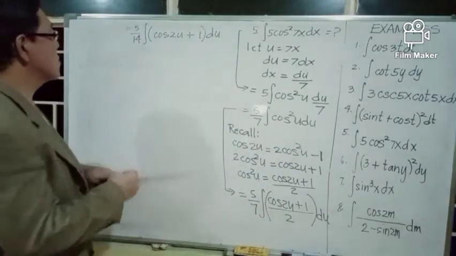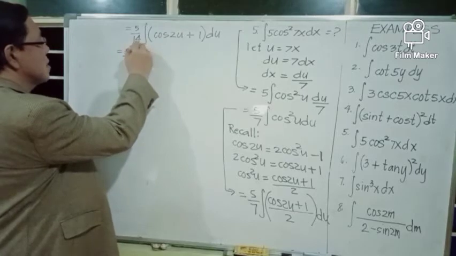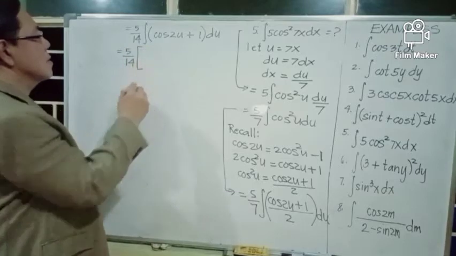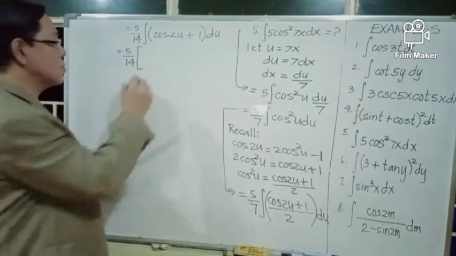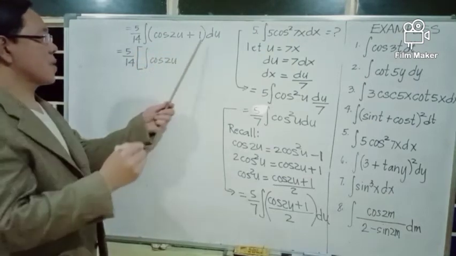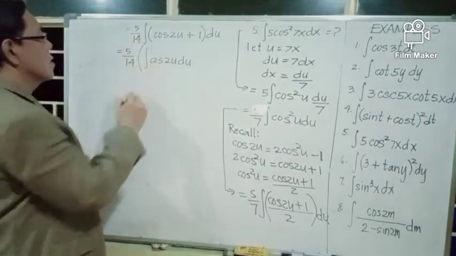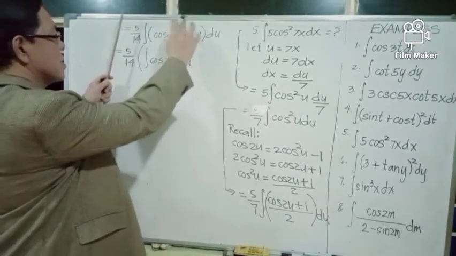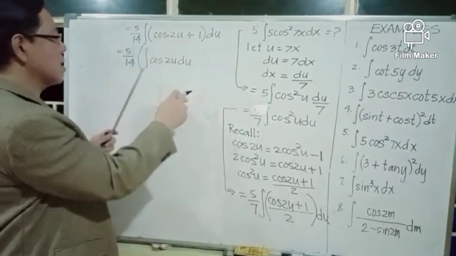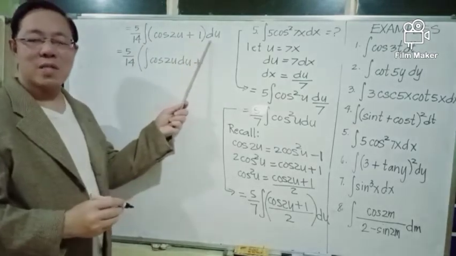Hence, this is equal to 5 over 14 multiplied by the integral of cosine 2u with respect to u plus the integral of 1 with respect to u.